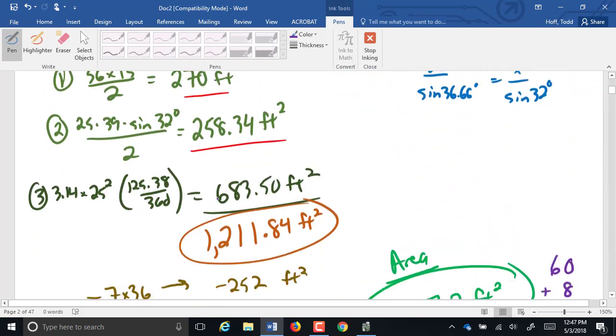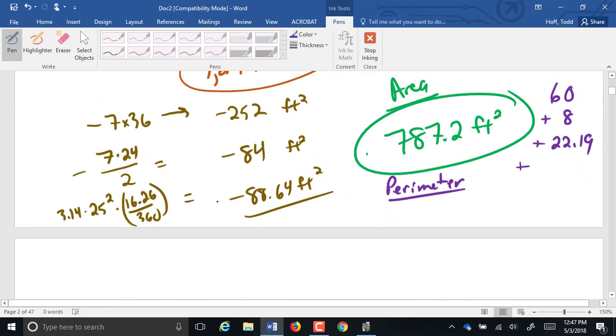So that arc is going to be pi times diameter. So 3.14 times 50 times, what did I say that was? 109.12 over 360.